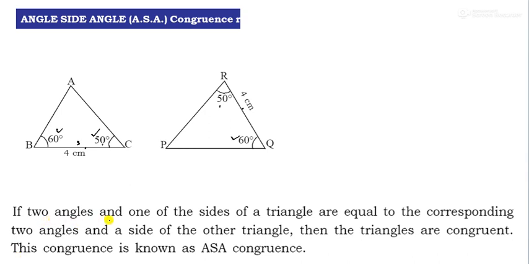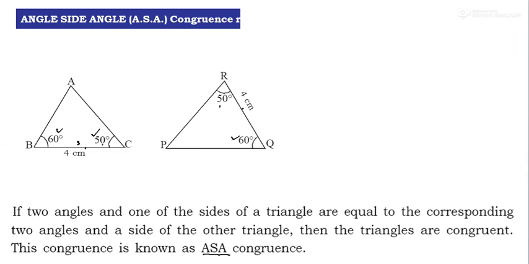So if two angles and the side between them of a triangle are equal to the corresponding two angles and side of the other triangle, then the triangles are congruent. This congruence is known as ASA. Why ASA? This is angle, side, then angle. So that is the congruency of ASA.